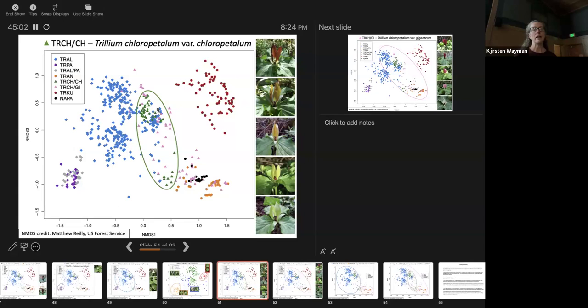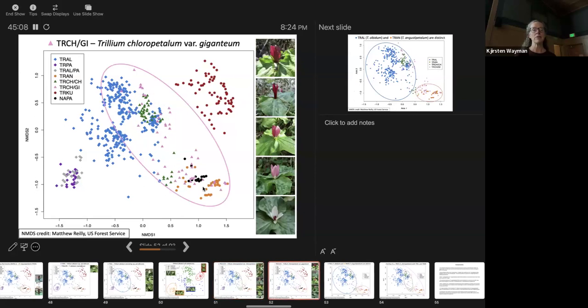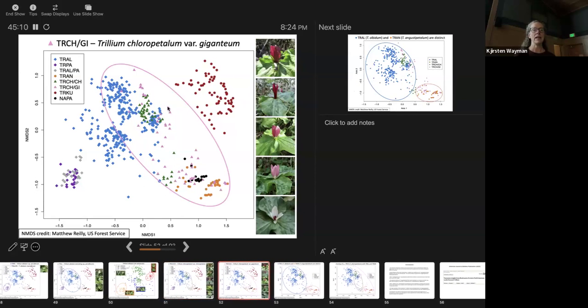So chloropetalum extends throughout albidum and then comes close to angustipetalum. If we look at variety giganteum, it overlaps extensively with albidum. It overlaps extensively with angustipetalum, and it also occupies this intermediate region.